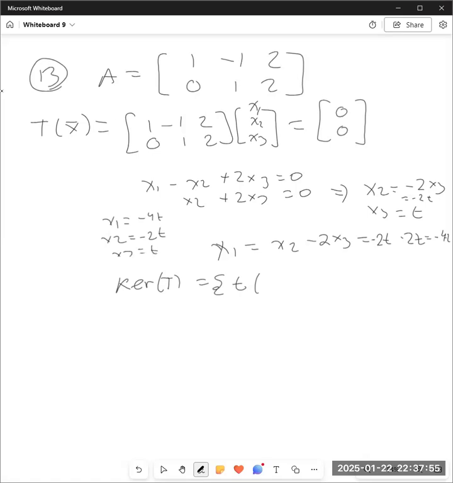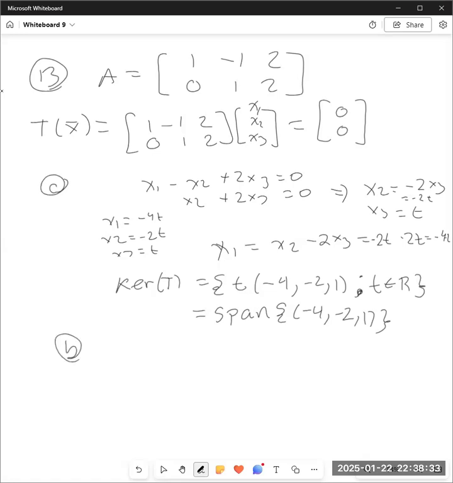So this is t times (-4, -2, 1), such that t is an element of the real numbers. Another way I can express that is the span of the set (-4, -2, 1). So that covered part A.